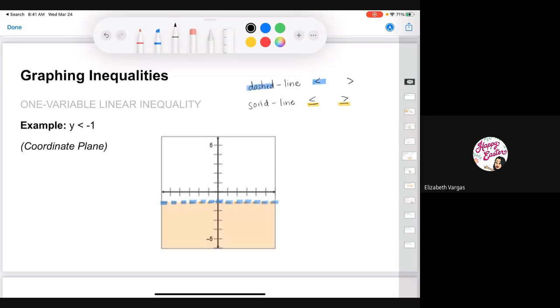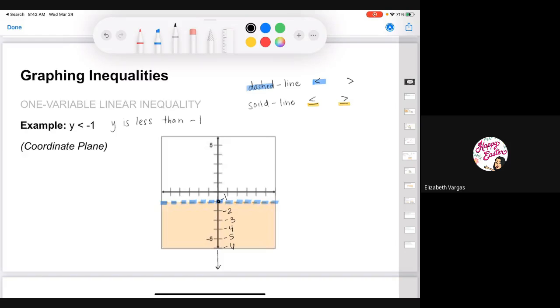Okay? And again, this is saying the same thing: y is less than -1. So if y is less than -1, then we would include all the y values which are less than -1. So -2, -3, -4, -5, -6. All those y values that extend this way are y values which are less than -1.